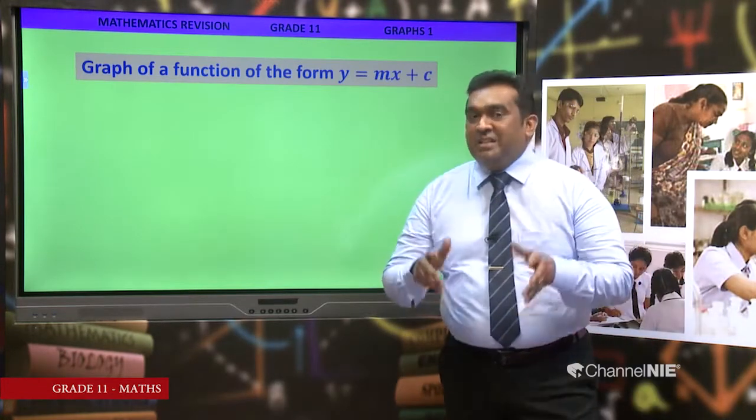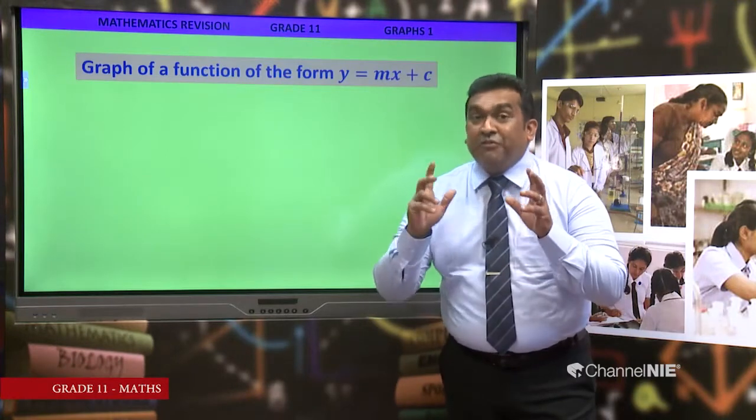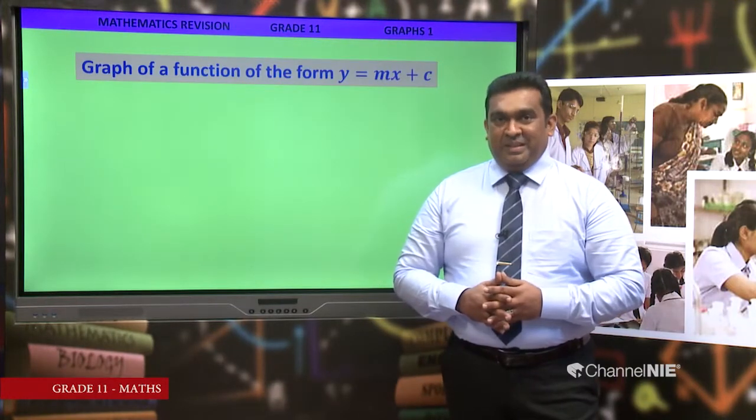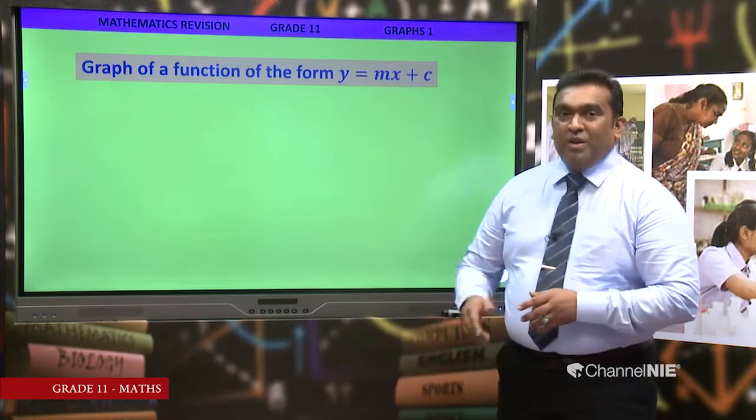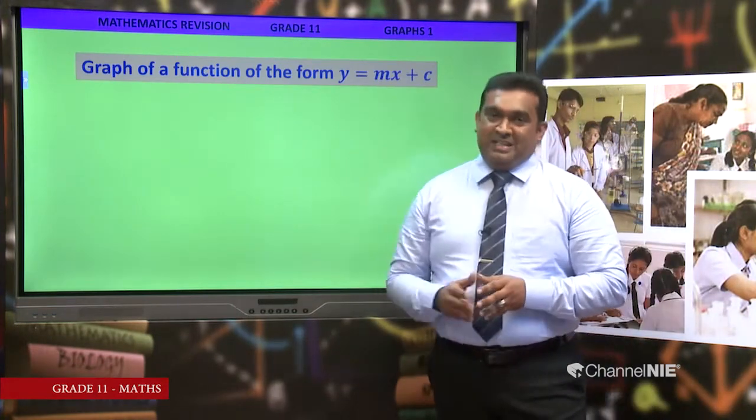This is a linear equation or linear function. In this form, we can draw straight lines.